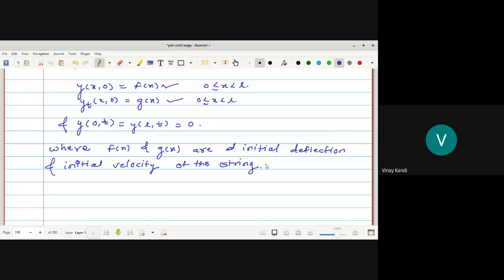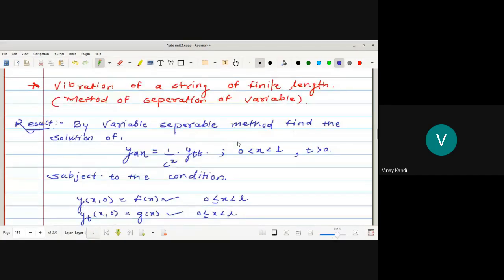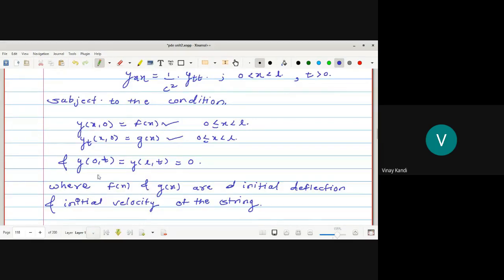Okay, what is the problem? Look at here. By the variable separable method, find the solution of this second order partial differential equation subject to the conditions: initial deflection is f of x, initial velocity is g of x, and the deflection at points 0 and L, that is at the end points of the string, is 0.